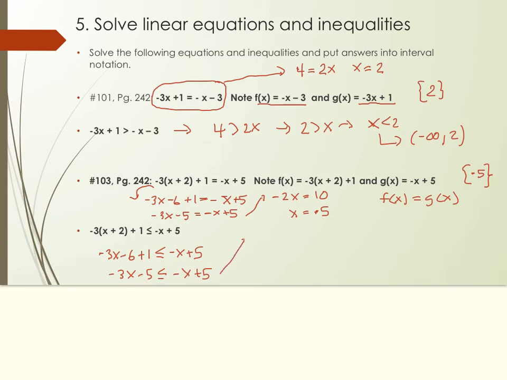And now this becomes negative 2x is less than or equal to 10. Finally, we divide through by negative 2 and we get x is greater than or equal to negative 5. So when we write this in interval notation, we have the bracket negative 5, comma, infinity. So there are our solutions.